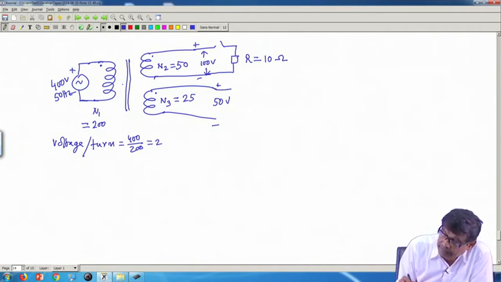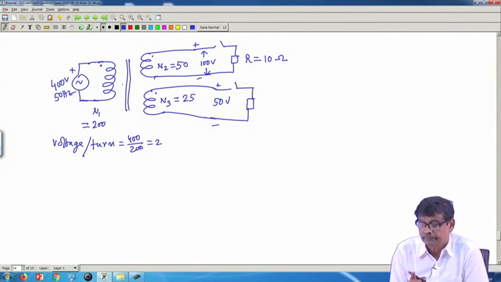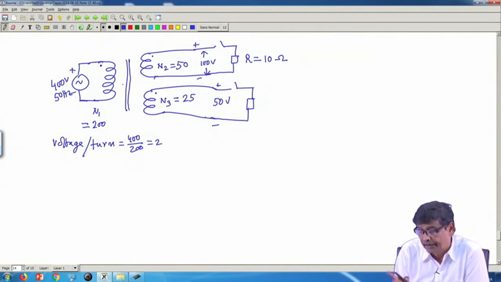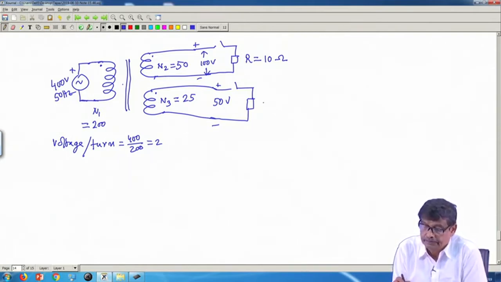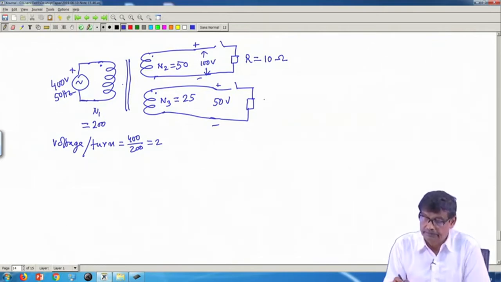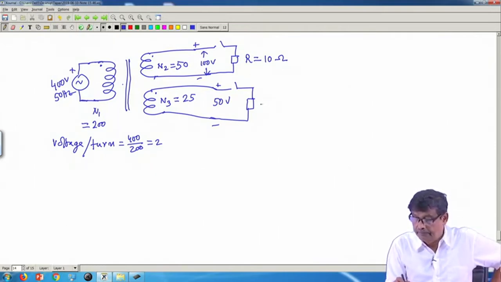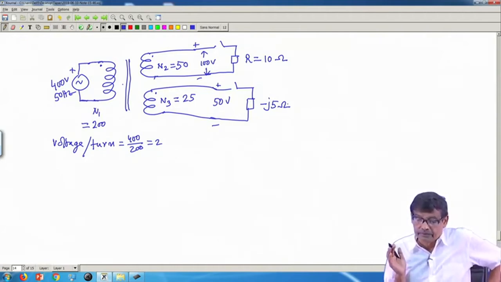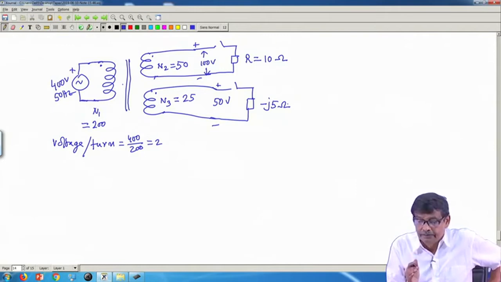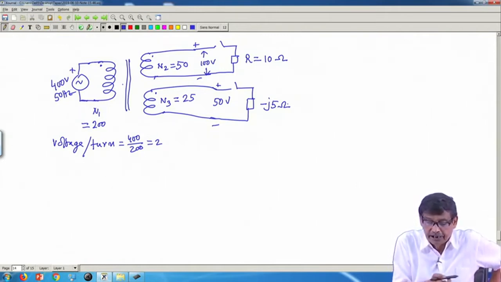And also I have a switch here, and here I will connect a capacitive load of minus j5 ohm. I have planned to connect these two loads. So, my problem is to find the currents in all the windings.